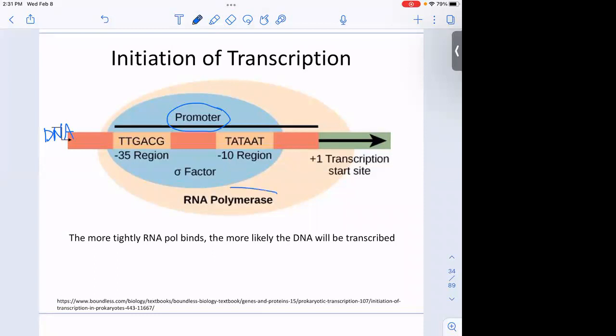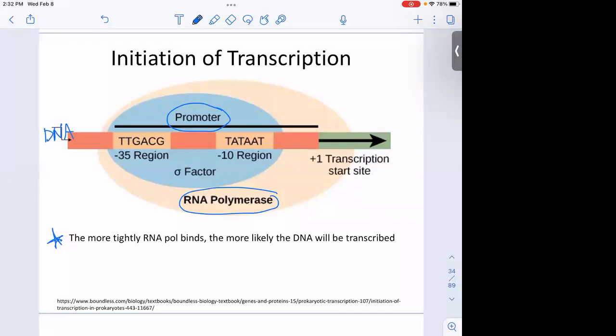And here's our main enzyme, the RNA polymerase, and it's binding perhaps to that promoter region. Main thing to understand here, and I just wrote it out: the more tightly the RNA polymerase binds to that promoter sequence, the more likely it is going to then transcribe that gene into RNA.